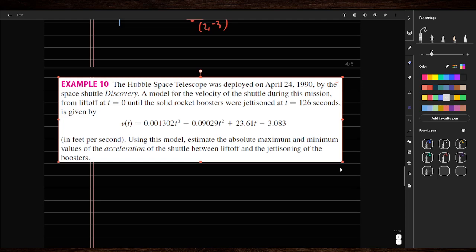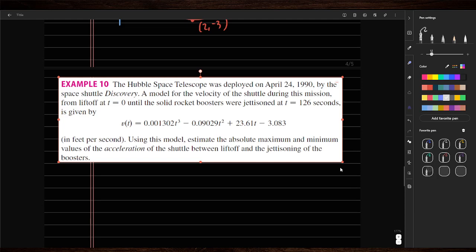What is being asked: using this model, we estimate the absolute maximum and minimum values of the acceleration of the shuttle between the liftoff and the jettisoning of the boosters. As we should understand, the maximum and minimum values in this application are very critical.